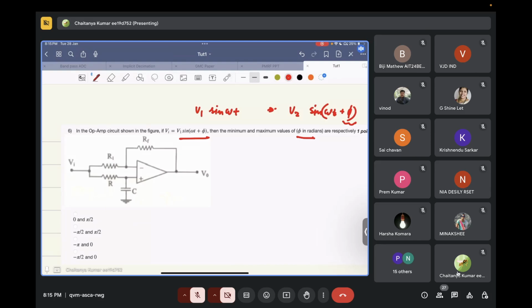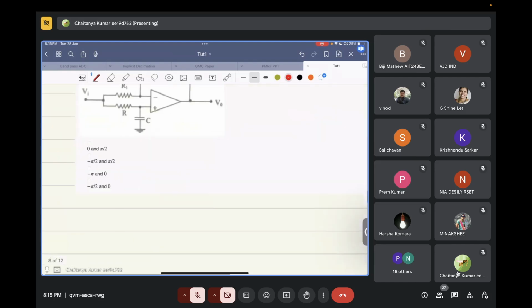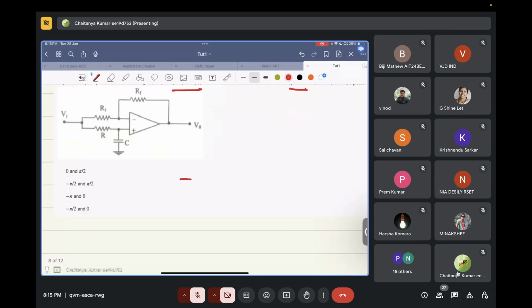So we will try to solve for the transfer function from input to output and then see what is the maximum value our phase can get. First of all, you guys know this, right?